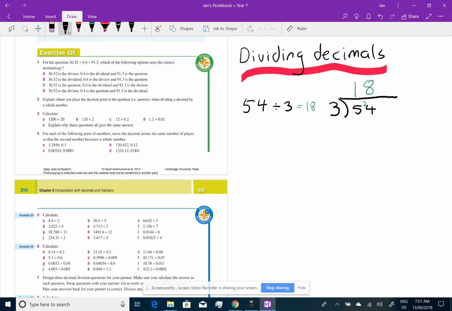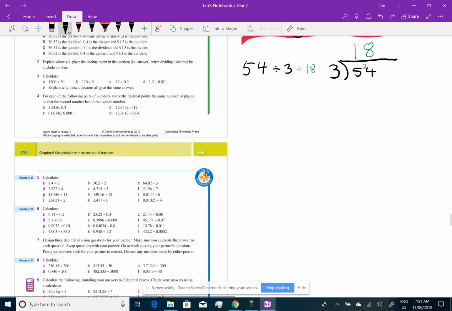Now, for dividing by whole numbers when we've got a decimal, let's take 5a. 8.4 divided by 2. Well, we don't have to worry because we're dividing by a whole number. We're not dividing by a decimal. So we set up the algorithm again. And we write 8.4.